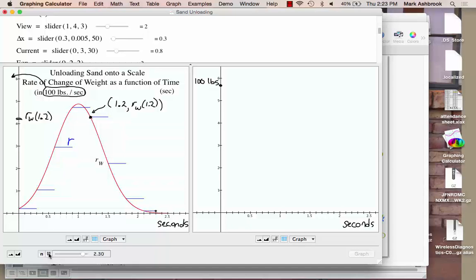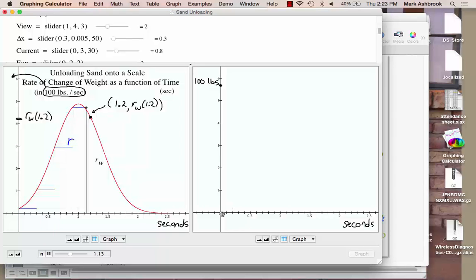So every 0.3 seconds, what happens to the weight of sand? It's going to increase, just at different rates. So if it increases at a low rate to start with, what will that look like? At 0 seconds, how much sand is accumulated on the scale? 0.